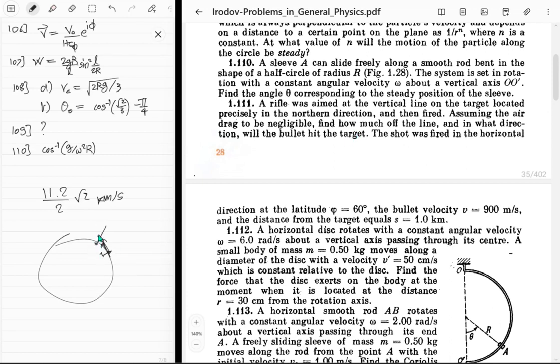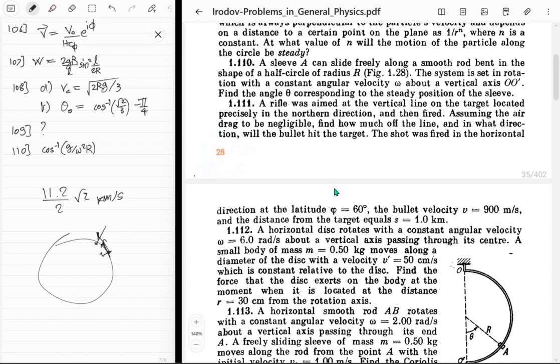It will shift because of the Coriolis effect in this direction, into or out of the plane, we don't care. How much will that shift be? And also in what direction will the bullet hit the target? And then they say it's going to hit the target, which makes no sense. Why would it hit the target if it has shifted?